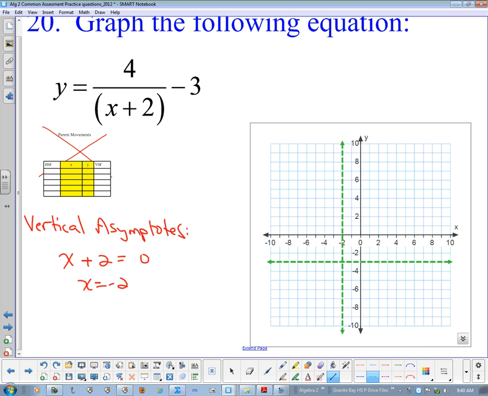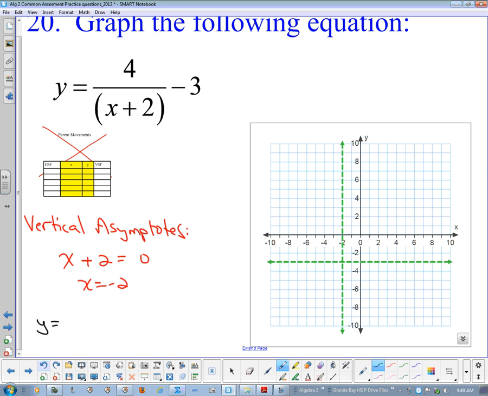Now the key is just to plug in one number to the right of the vertical asymptote and one number to the left, and let's see what happens. So y is equal to, how about we plug in a negative 1. Okay.